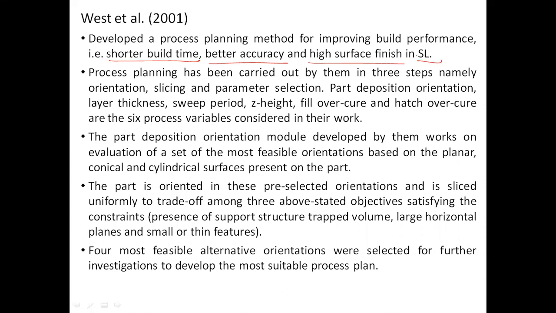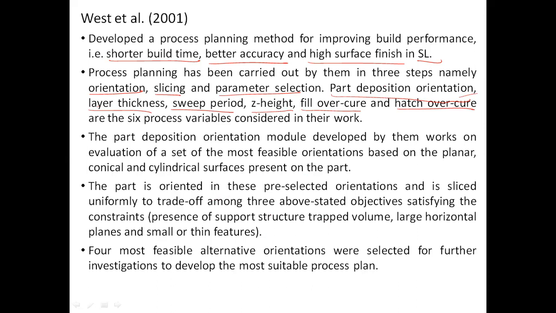The 3 steps were orientation, slicing, and process parameter selection. And the process parameters that they generally selected were layer thickness, sweep period, Z height, overcuring, and hatch overcuring. And part deposition orientation became an automatic selection for the process parameters because orientation study was being done over here. So what they did was they developed a module.